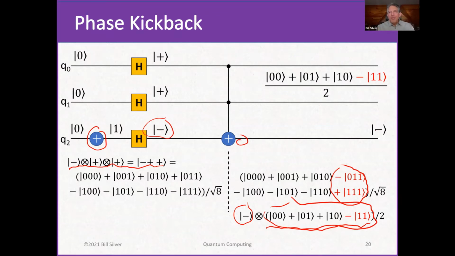What has happened is that one of the 4 components of that state has been selected, and the sign has been flipped. Or another way of looking at it, there's a 180-degree relative phase of that one component.